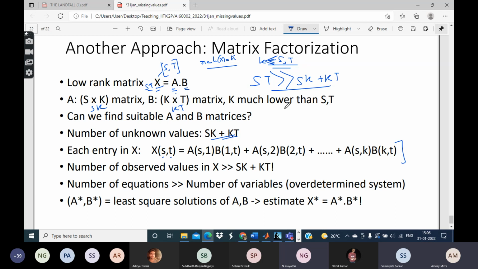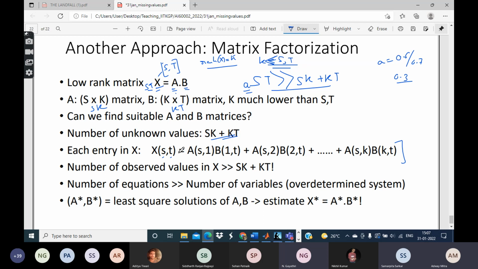Even if many of the ST entries are missing, say only a fraction small a is present, maybe 0.6 or 0.7, or even 0.3, then 0.3 times ST may still be much larger than SK plus KT, provided K is small enough. Correct?